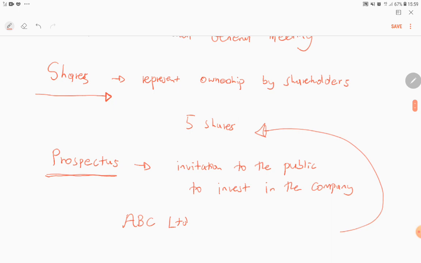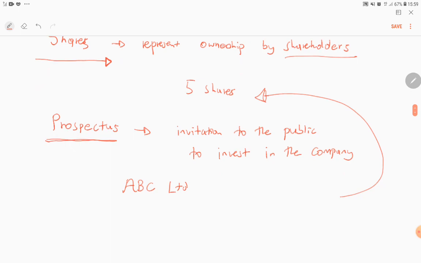So the people who buy those shares are shareholders. Hence, shares represent ownership by shareholders in the company. Easy, right? For a public company, a prospectus is issued to the public to invite the public to come and buy shares. For a private company, it's not compulsory to issue the prospectus.